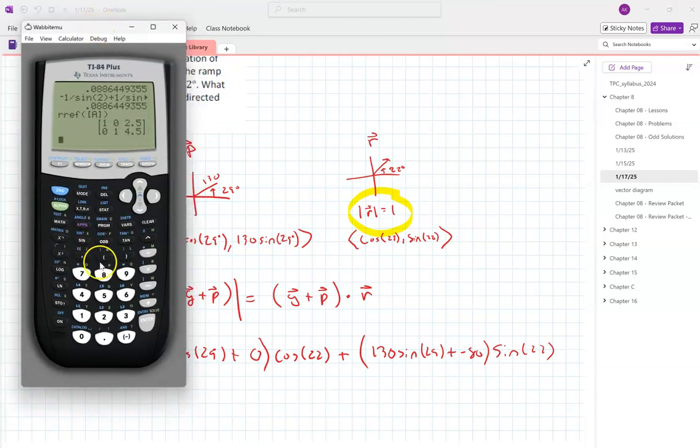So I have 130 times cosine 29, and then plus 0, so I don't really care about that, times cosine 22, plus 130 sine 29 minus 80 times sine 22. So I get like 99.06 for the force.